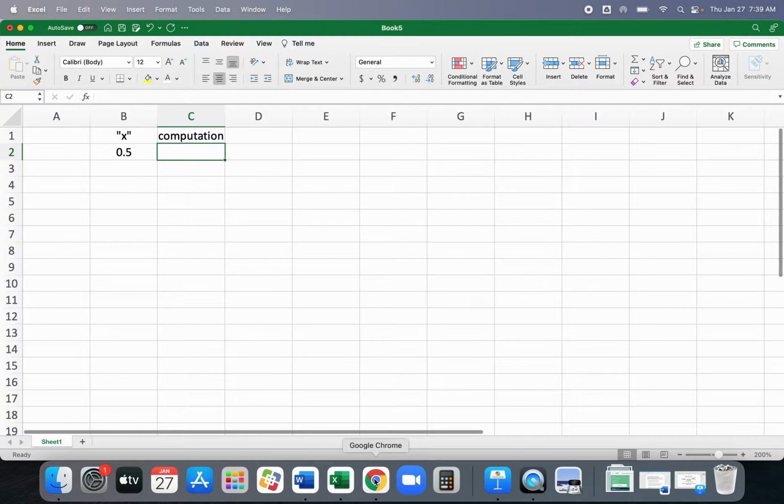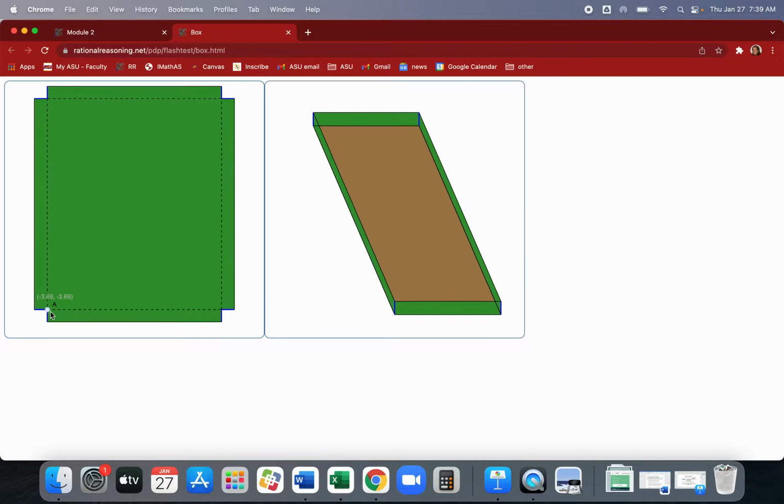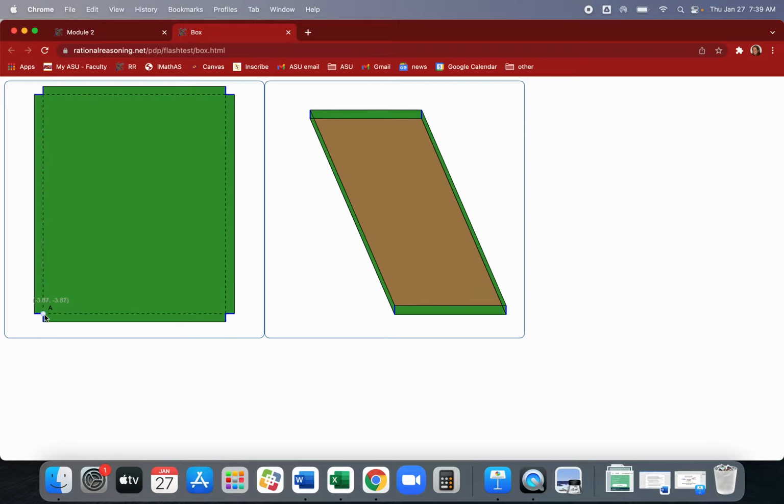Well, how long is, if x is 0.5, and I go to find this, what's this longest length going to be if I have 0.5 as the square corner size? How many inches? 10 inches. Right, because it was 11.